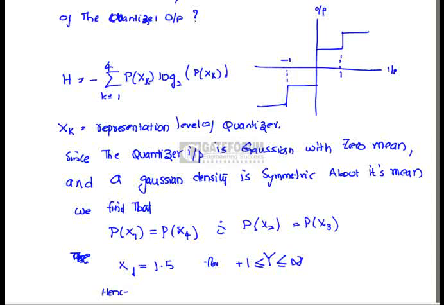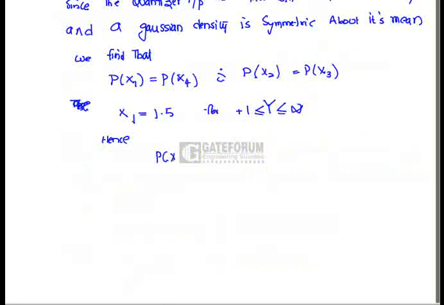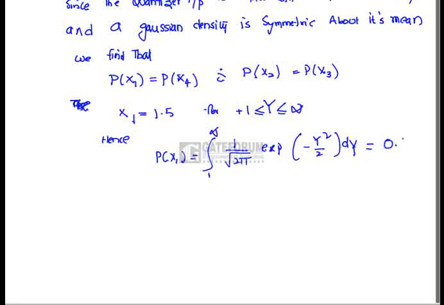Hence probability of x1 equals the integral from 1 to infinity of 1 by root 2 pi exponential minus y square by 2 dy, which equals 0.1611.